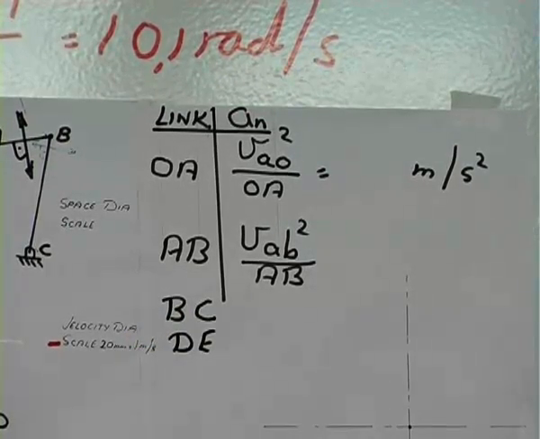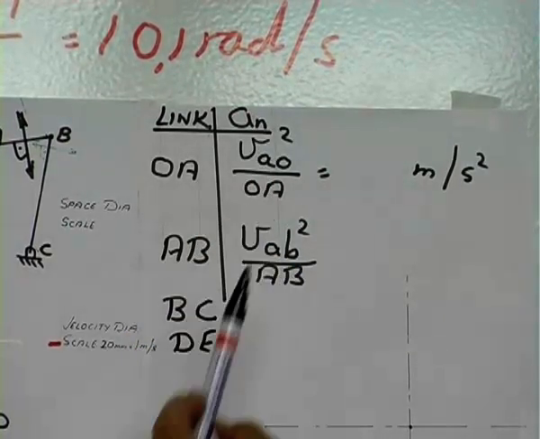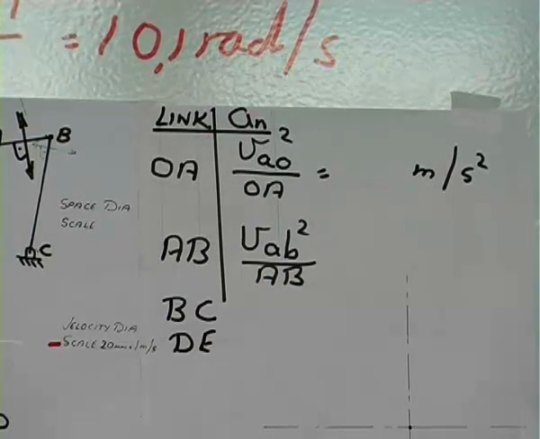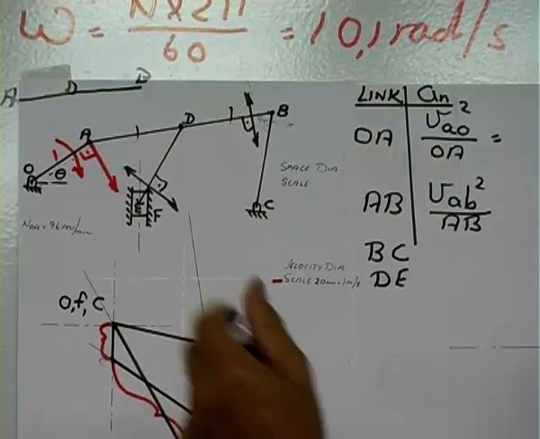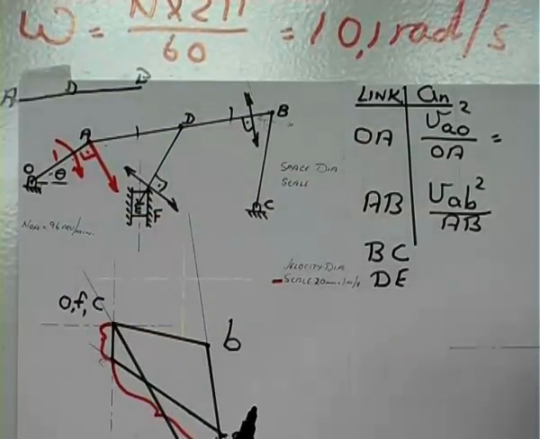Use the same method to calculate the normal acceleration of links BC and DE. Just remember, the acceleration of that link is constant, so it's got only a normal acceleration, no tangential acceleration. But due to the length of all the other links, and the position, they will have a normal acceleration as well as a tangential acceleration.